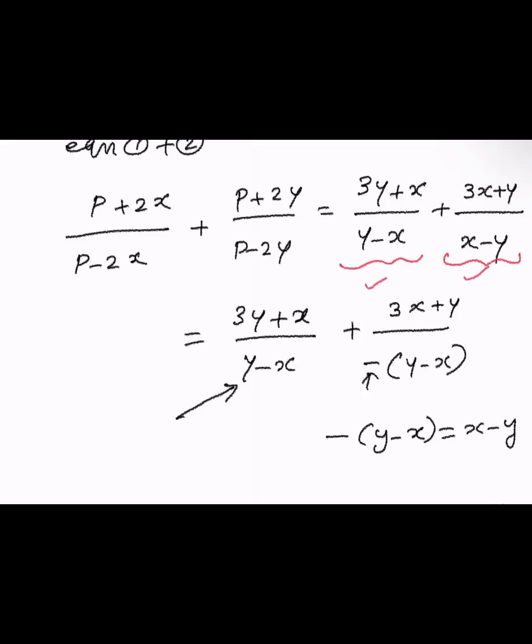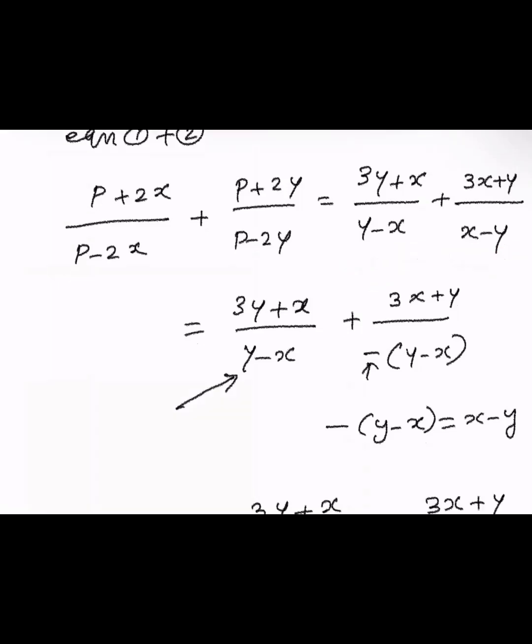If I am able to take that negative sign out, then I don't need to do that cross multiplication and all that lengthy process. X minus y is as good as negative of y minus x. So instead of writing x minus y, I am writing negative of y minus x.